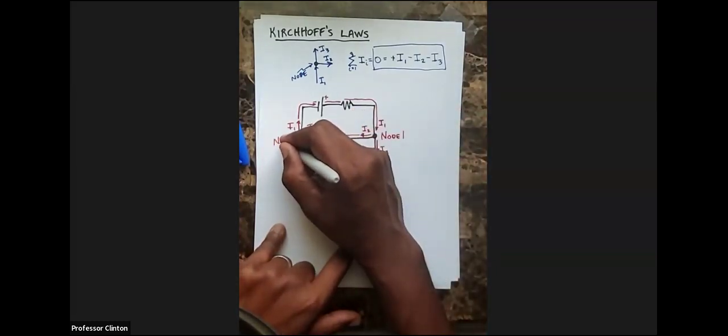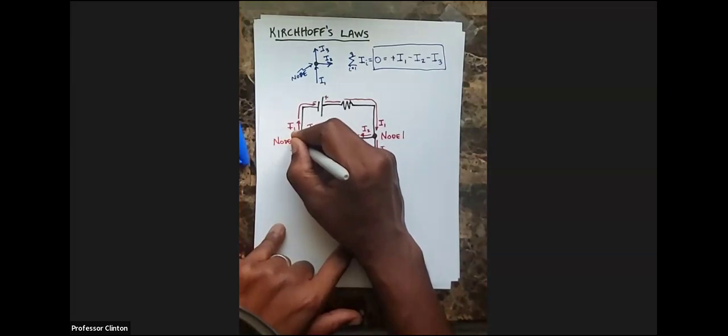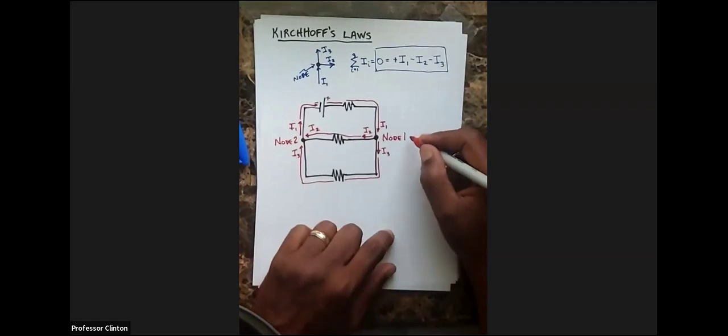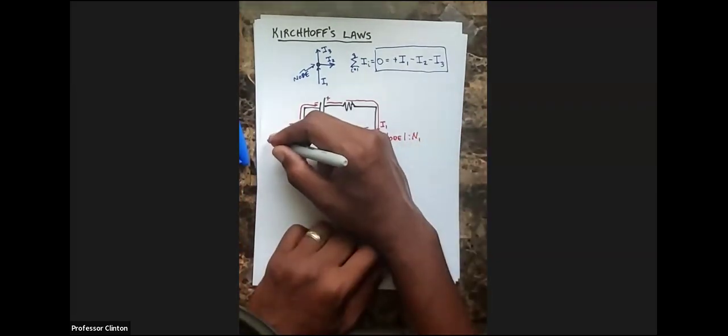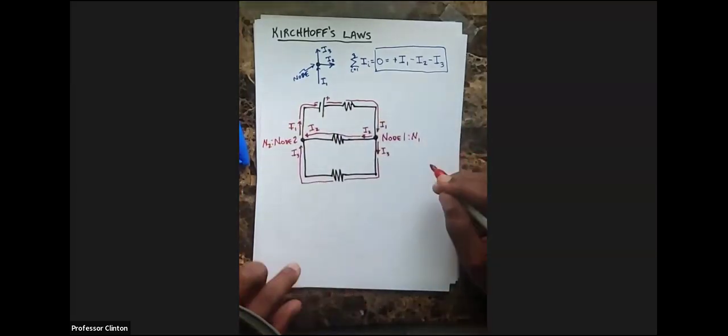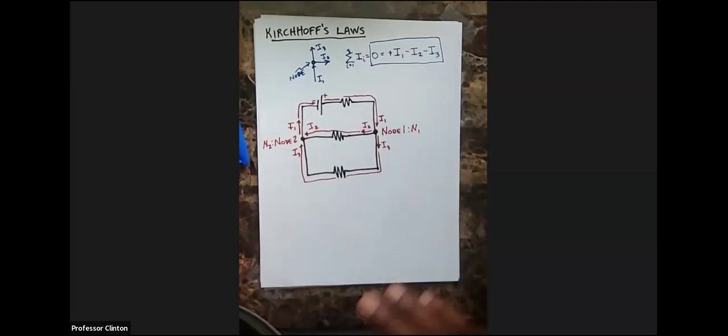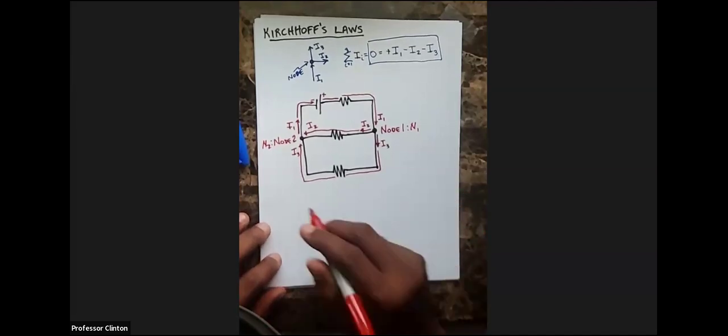So the way to think of this is, for each one of these nodes, N1 and N2, we'll figure out how much current is going in and how much is going out. And we'll see that essentially their mathematical equations are going to be the same.